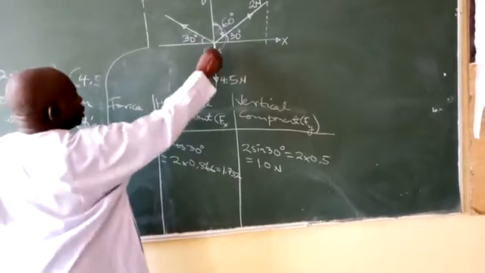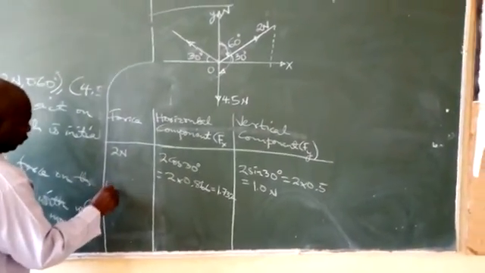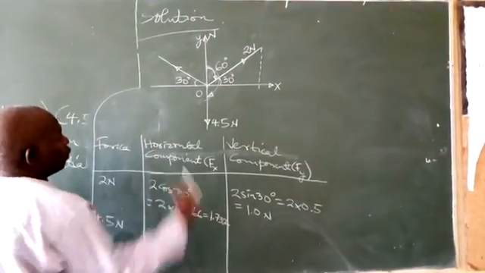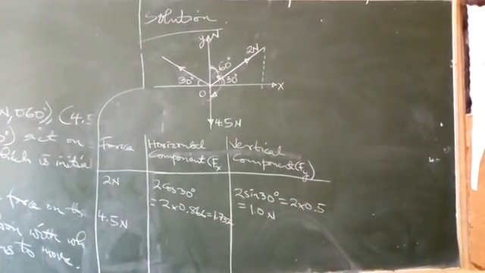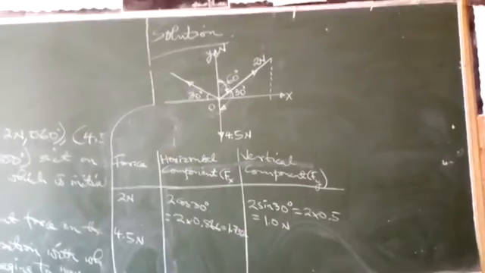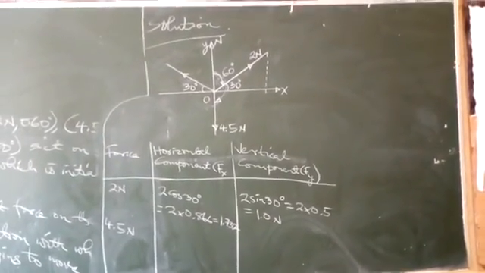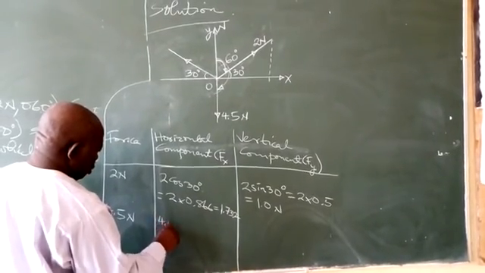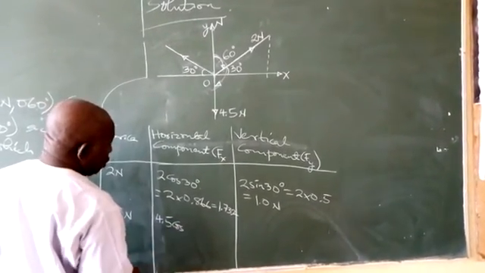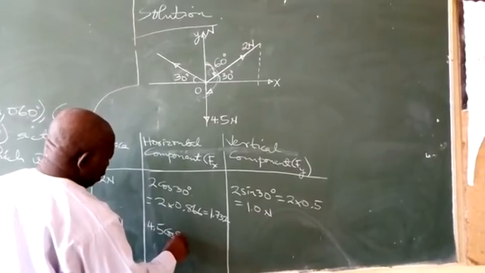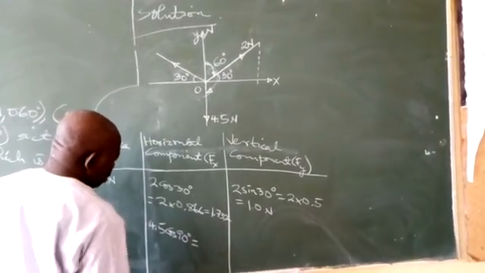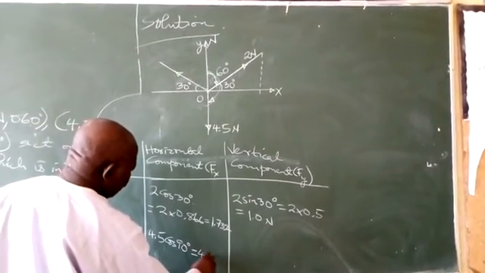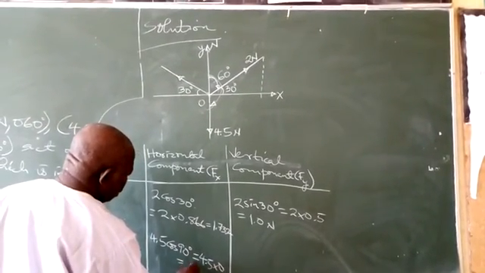The second force is 4.5 Newton, at an angle of 90 degrees to the horizontal, you know? That would be 4.5 cos 90 degree. Cos 90 degree, is it not 0? Yes, it is. So that is 4.5 times 0, which is 0 Newton.